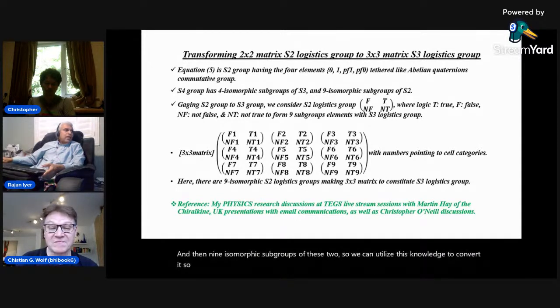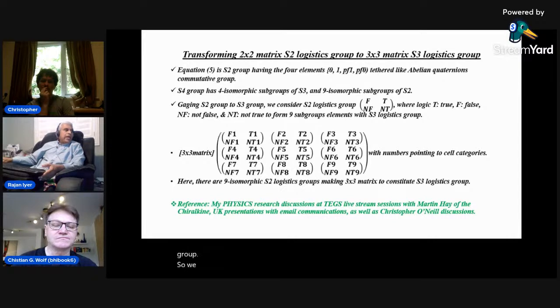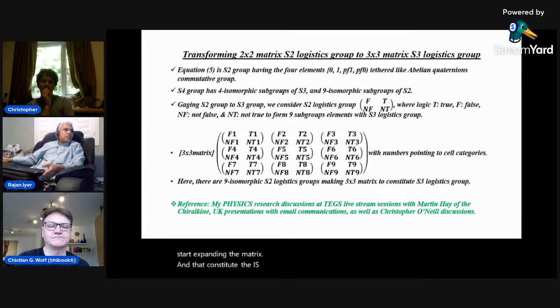First I convert the S2 group, so all the S2 is collapsed into the S3 group. So we need to create a 3x3 matrix of the 2x2 matrices. We start expanding the matrix, and that constitutes what I call the S3 logistic group. And then each one points to a different cell category.